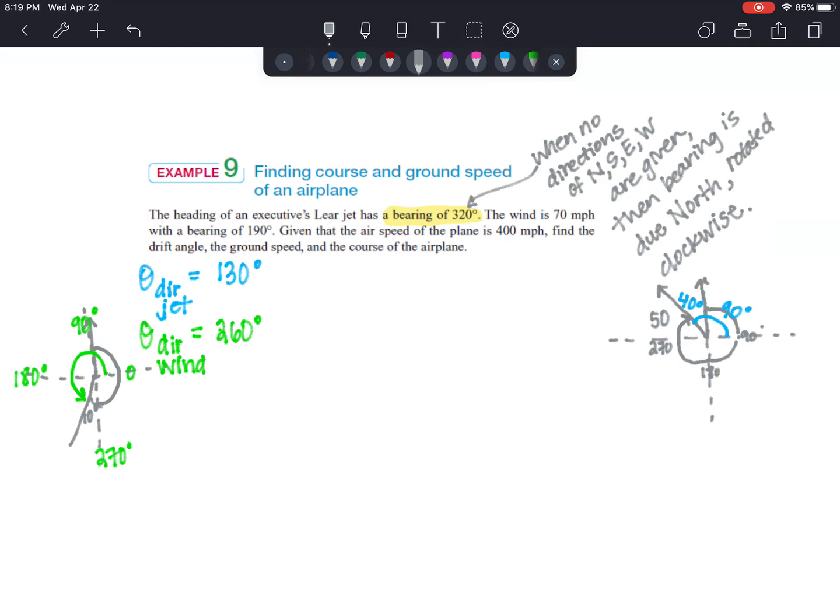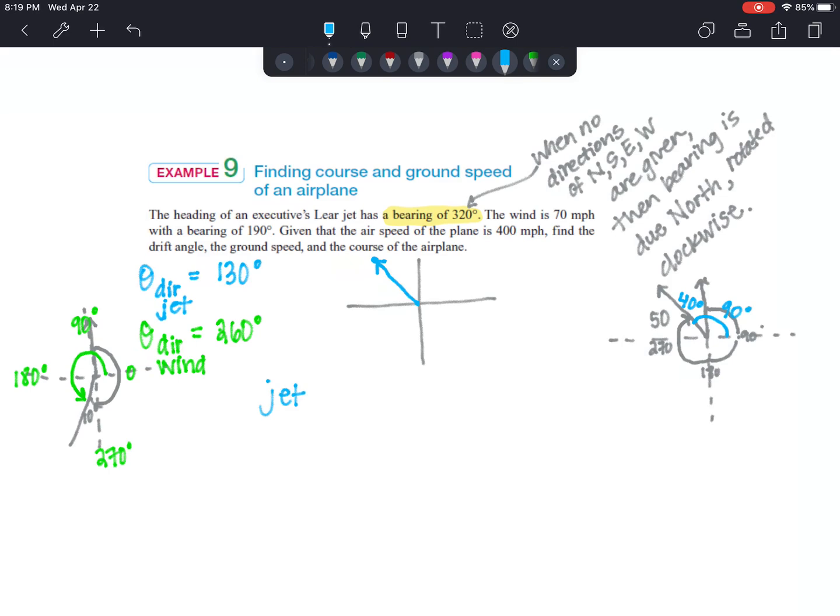Okay, so we're going to talk about the jet being in blue. The jet was over here on the right, and the wind is over here on the left. I'm going to put the two together right here in the middle. So the jet, 400 miles per hour, goes into quadrant 2.